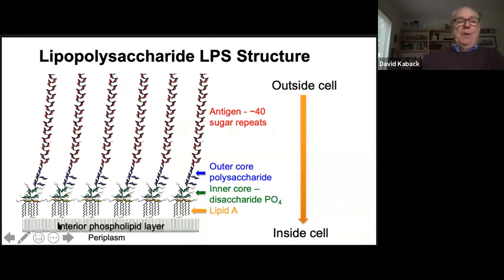So we have a lipid bilayer over here, and attached to that are sugar phosphate molecules, which we call the inner core sugar phosphate. And then we have the outer core polysaccharide. This is referred to as the O antigen, and this is referred to as lipid A. And lipid A is the highly toxic form, the real toxic part of that endotoxin.